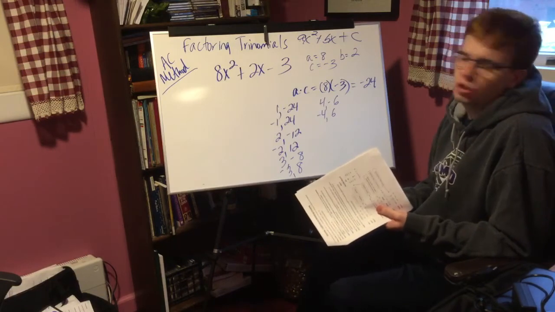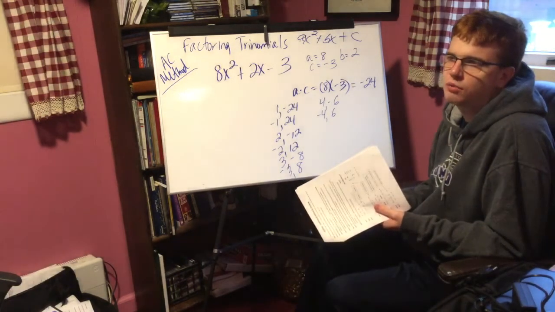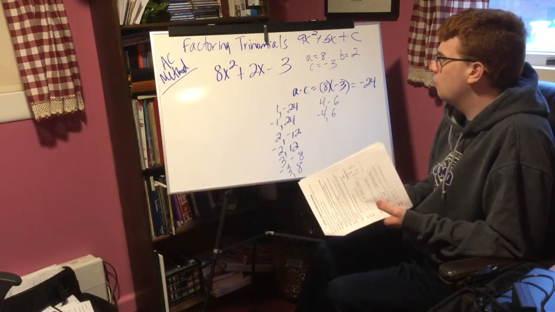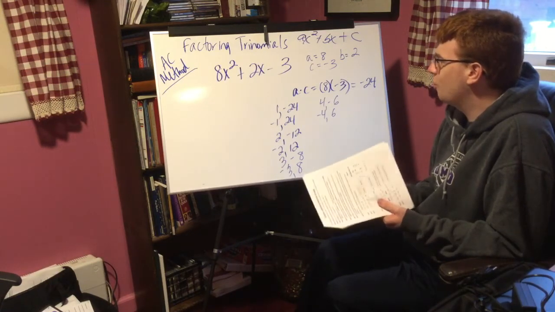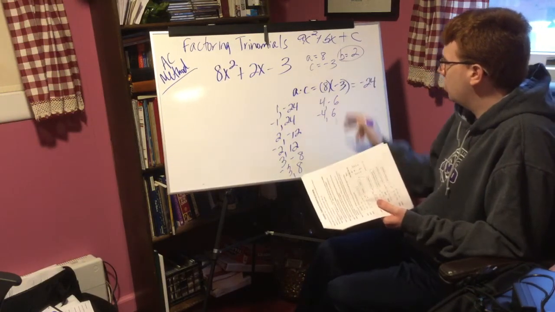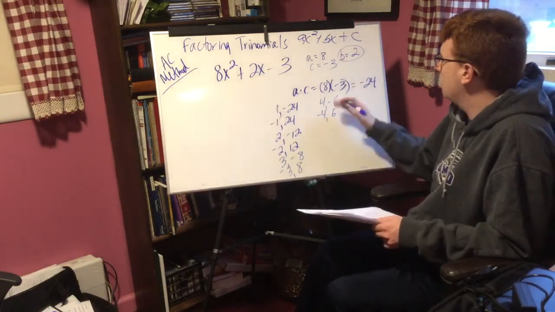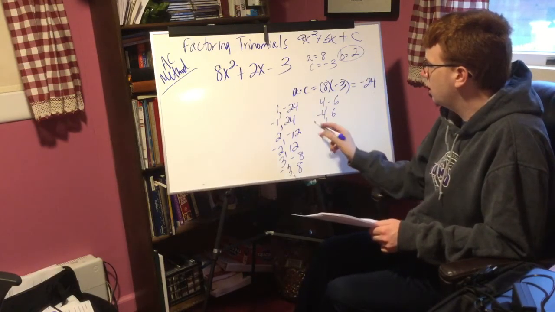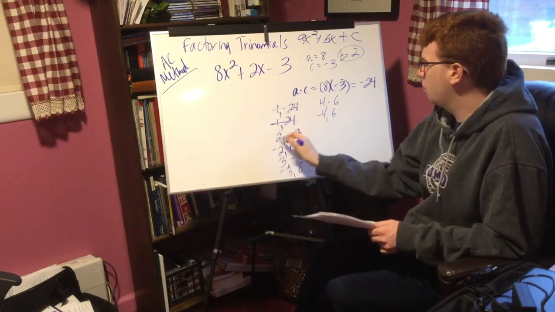And now what you're doing in the next step is you're working through the pairs to see which of those pairs of numbers also add to be the b value, which in this case is a 2. So we want to go through the pairs of numbers and see which also add to be a positive 2. And these are not going to work.